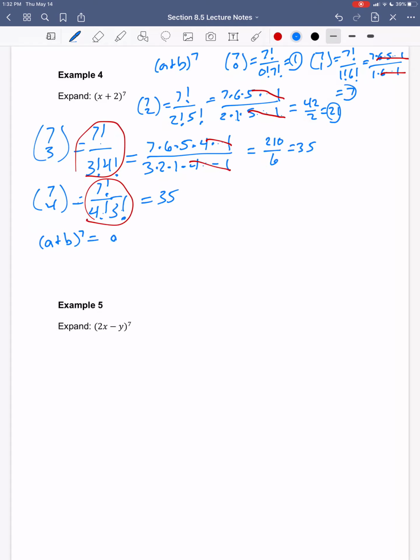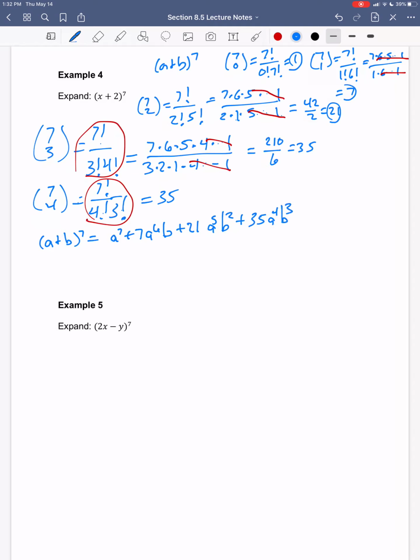So it's just going to be a to the 7th, 7 a to the 6th b. It was, let's see, what was it again? 1, and then 7, and then 21. a to the 5th b squared. And then next was 35, a to the 4th, b to the 3rd.